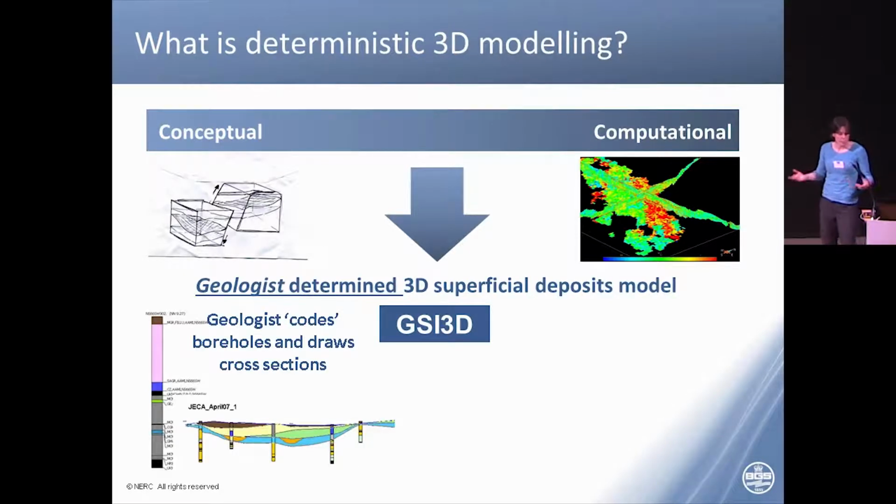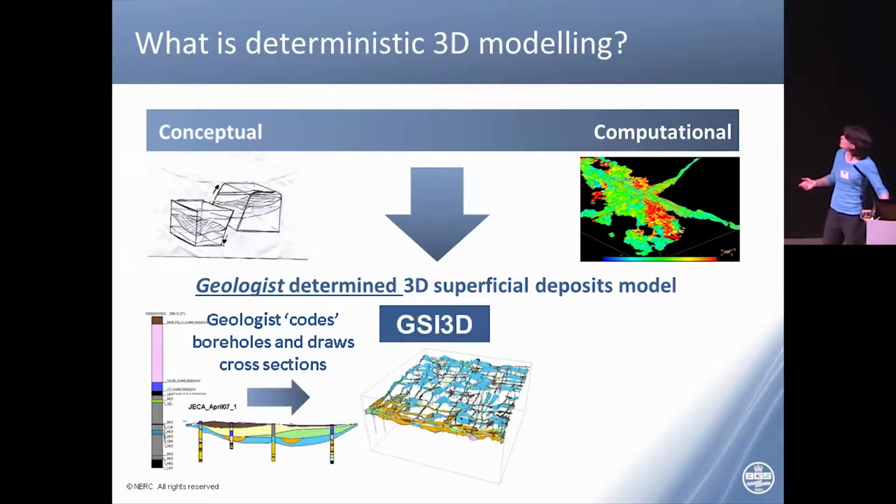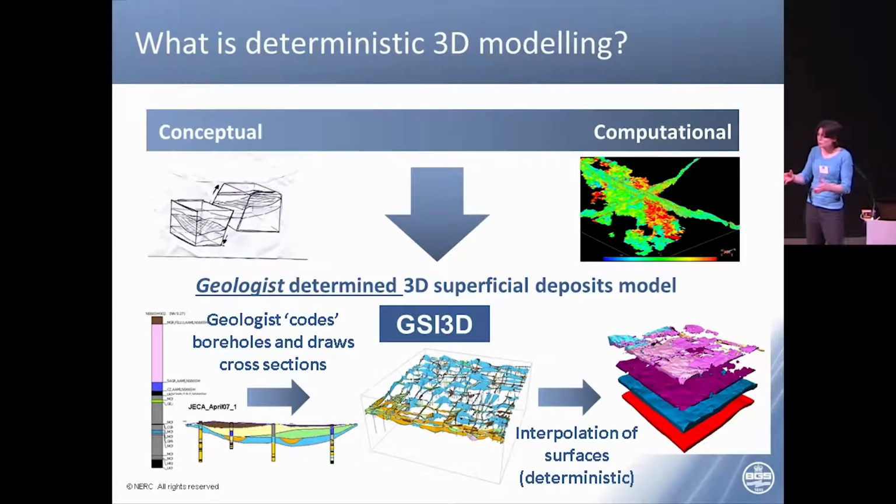In the process, the geologist's involvement is to take borehole information, which is usually based on lithology, code it up into a set of packages of deposits, and then we can correlate those in cross-sections, produce a whole series of cross-sections to make a fence diagram, and then we have a computational step where we interpolate the packages, the bases and the tops of the sediment units in order to get our 3D model. And that's effectively a deterministic step. So we have this combined process of integrating the geologist's knowledge and the computational side.